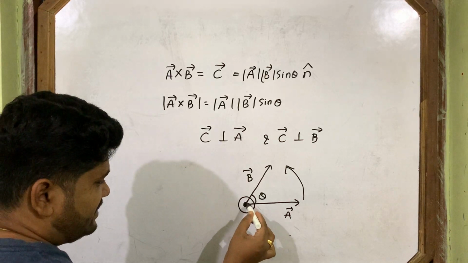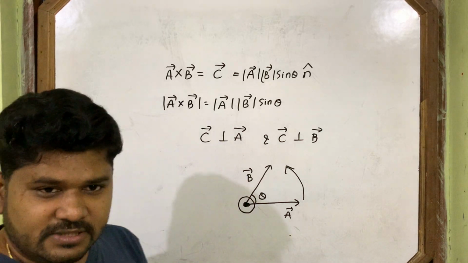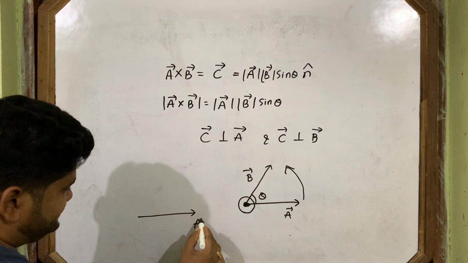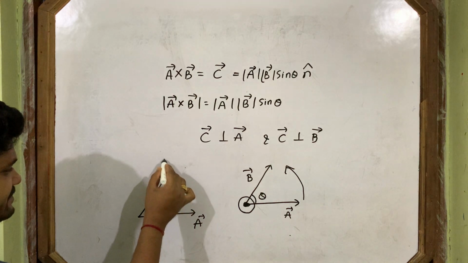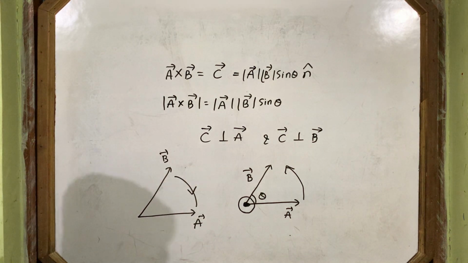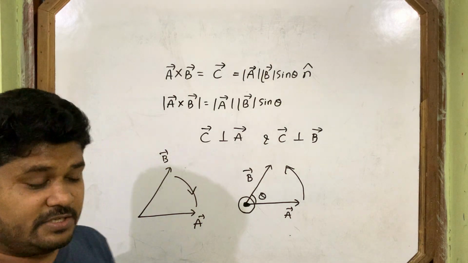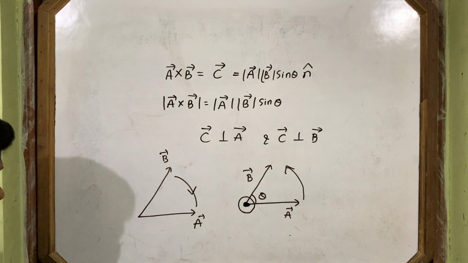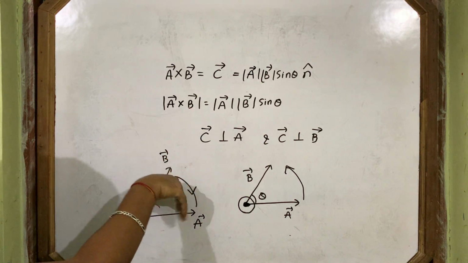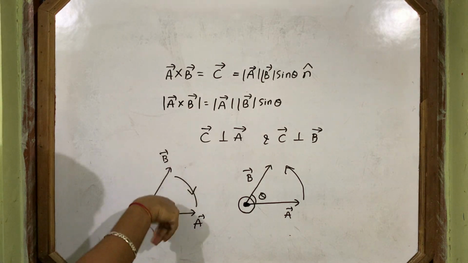Outward is always given by the dot symbol. Then if A vector is here, B vector is here, and you are doing the cross product from B to A, now see the right hand thumb rule. The fingers go along the direction of the cross product.